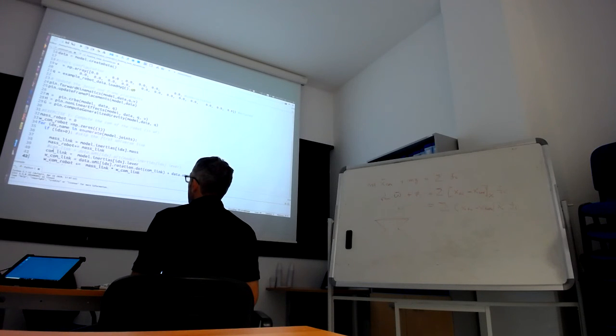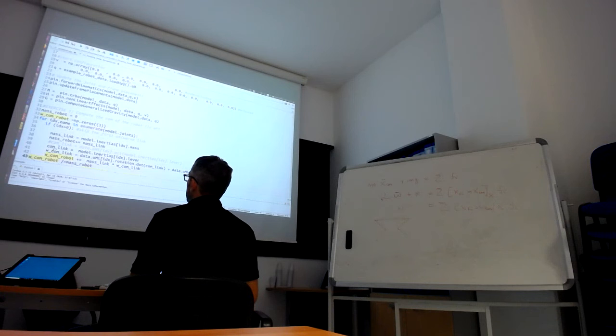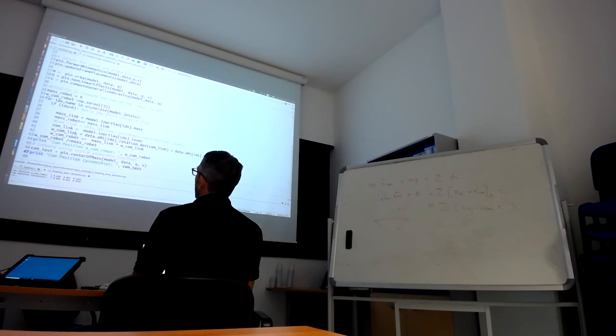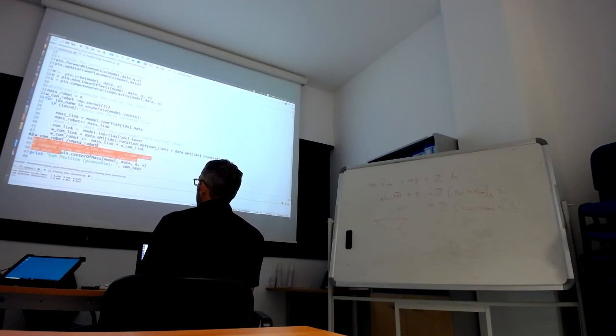The first exercise to do was to compute the center of mass. In this case, we have a native Pinocchio function to check with that computes the center of mass, and we have our algorithm that in essence takes the inertia of the link and sums it incrementally to compute the robot mass.